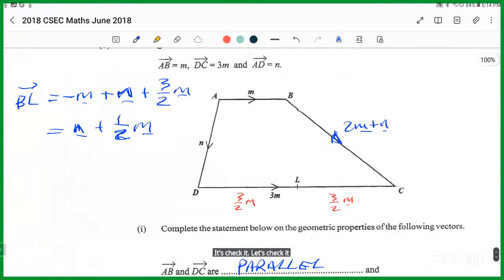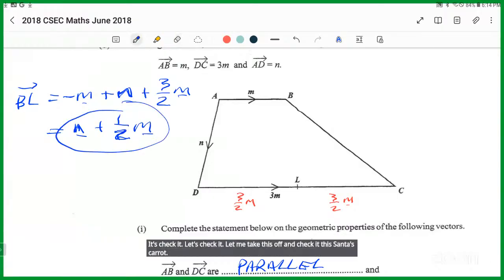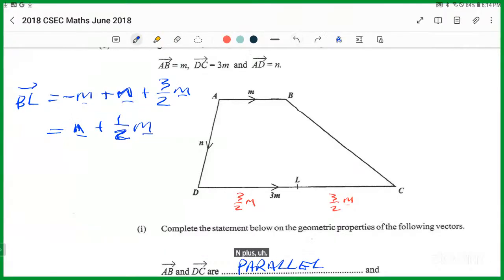Let me take these off and check if this answer is correct. Alright? N plus half M. So the N is going to be starting here. The N is going to be a line parallel to this. It's down in red. Same length as this coming down and parallel to it, right? That's a N. I'm going to move this N right here. That's a N. So put it right here.